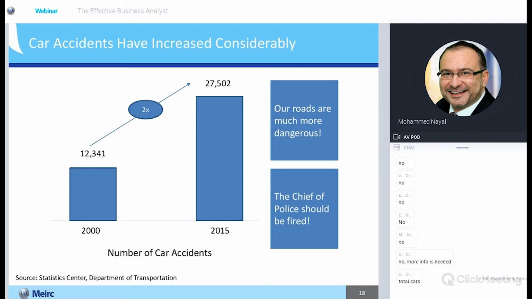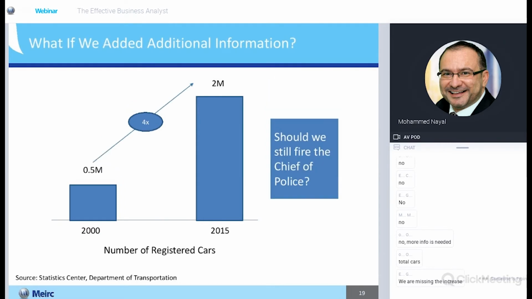Now, let me show you. So before you say that the chief of police should be fired, which is actually quite a big thing that you're recommending, take a look at this data. The number of registered cars has gone from 500,000 to 2 million in the same time period.